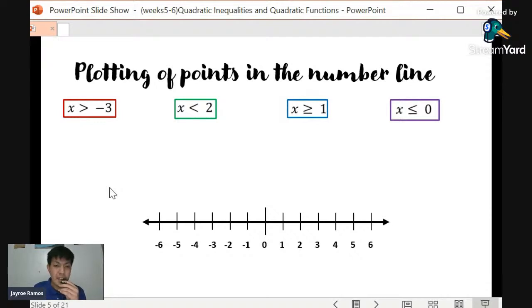So if we're going to plot that, the first thing we're going to do is determine where negative 3 is.